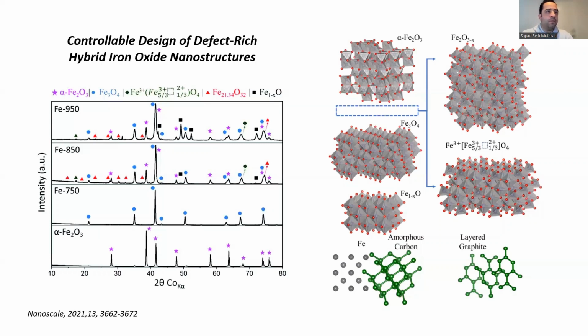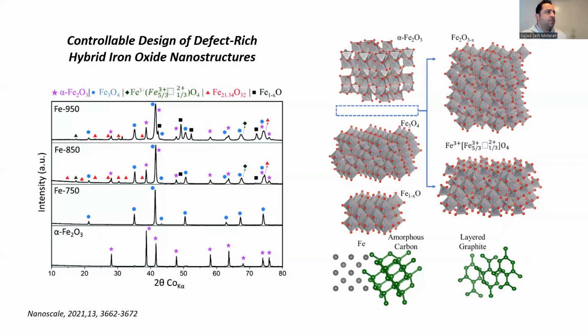That is very interesting. The second phase that we had in minority was non-stoichiometric Fe21.34 O32. And this non-stoichiometric phase and the maghemite provided vacancies, iron vacancies and oxygen vacancies in the system.